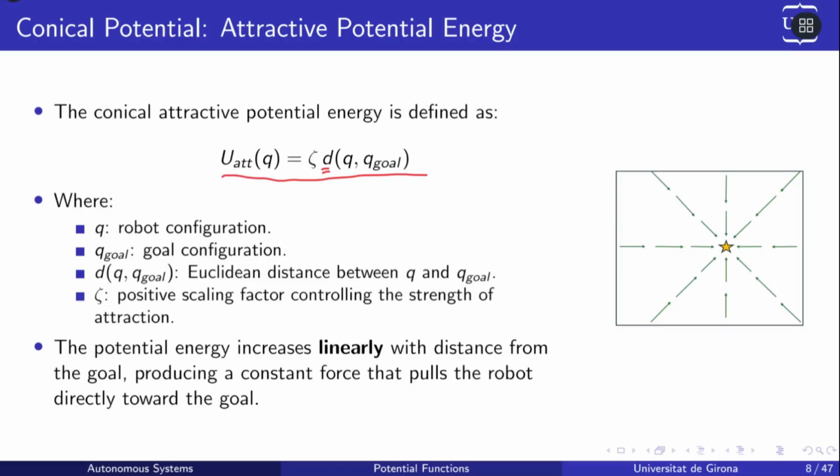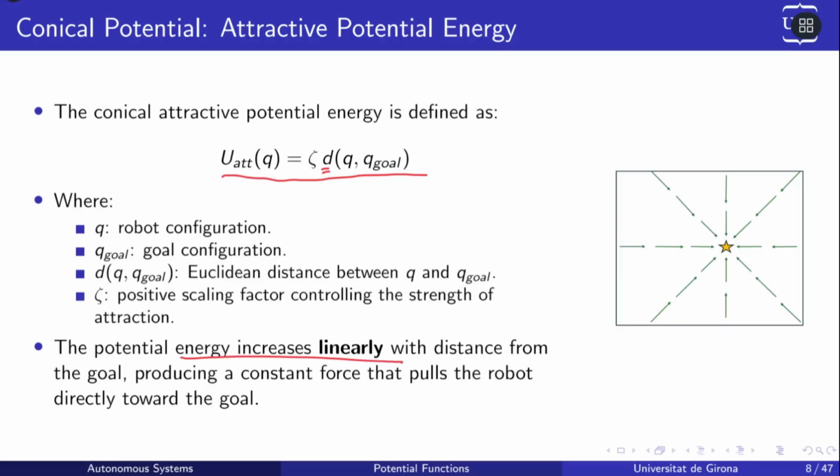Here, it's almost the same. If we more or less know where the robot is at every moment, and we know where the goal is, then we can just compute the distance, and with that, it's enough to compute the attractive potential function. The problem, or how this function works, is that the potential energy increases linearly with the distance.